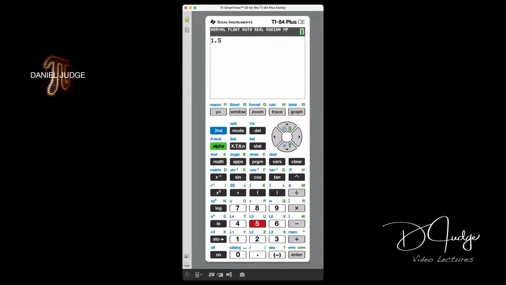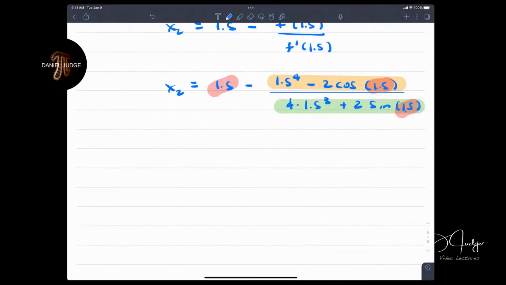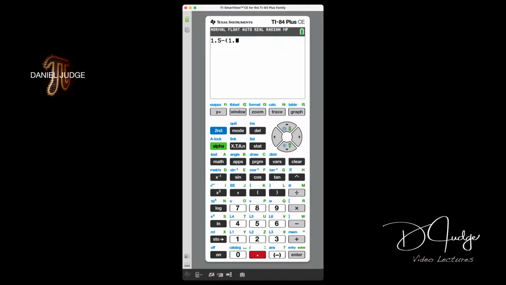It's a radian value. Minus, I'll put parentheses for this numerator here. So we have 1.5 raised to the fourth power, come out of there, minus 2 cosine 1.5, close this, divided by another set of parentheses where we're going to say 4 times 1.5 raised to the third power, come out of the exponent.